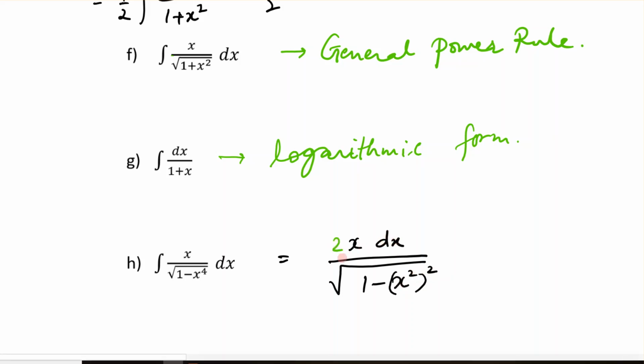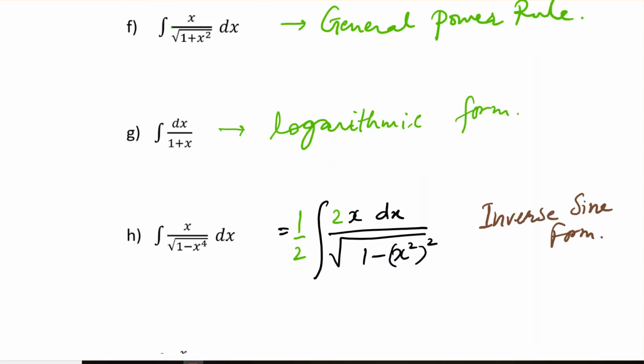So we add a 2 here, and we also divide by 2. So our integral becomes this. This is a form which resonates with our inverse sine form: you have the differential of the function over the square root of 1 minus the square of the function. So this is our inverse sine form. Therefore, the answer should be half sine inverse of the function, which is x squared, over a, which is just 1, plus c.